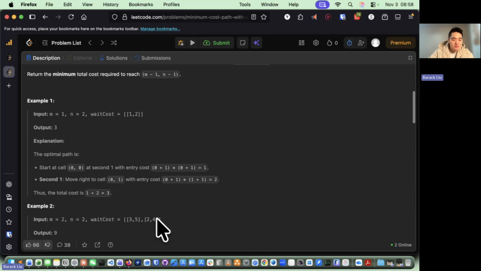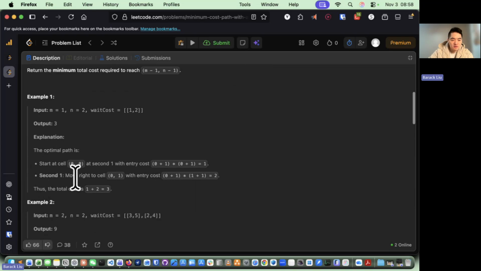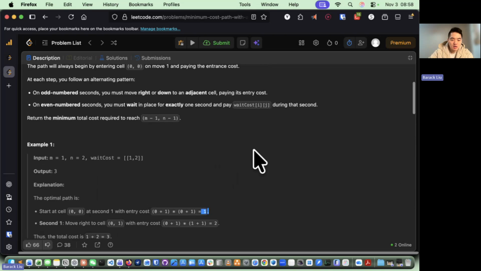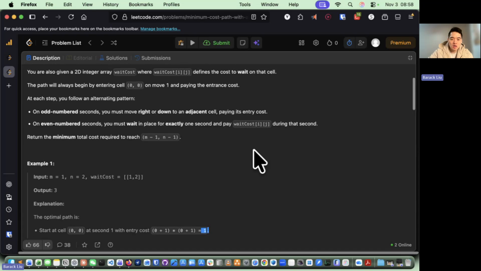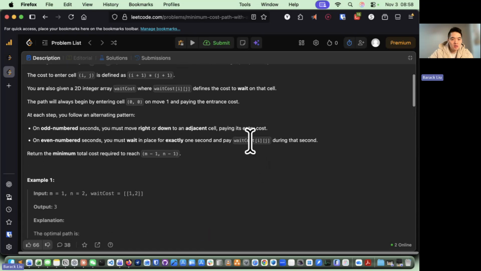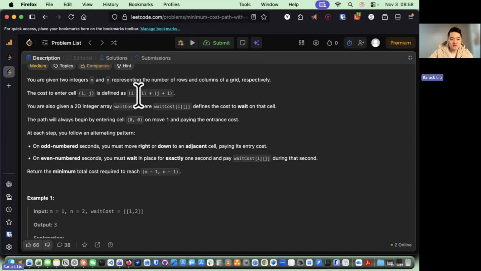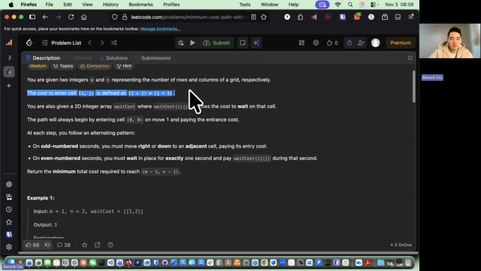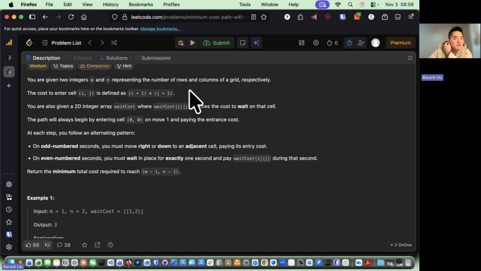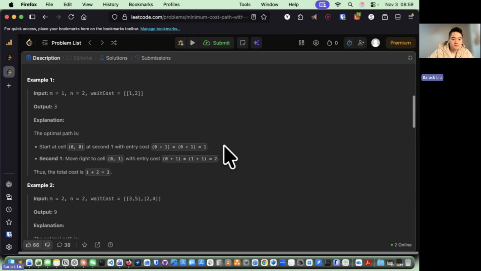So the path is: start at cell (0, 0) at second 1 with entry cost equal to 1. So the cost to enter a cell is defined as this. It's kind of like opening a door, and there's a cost to open the door.